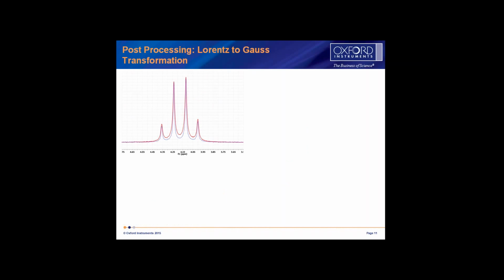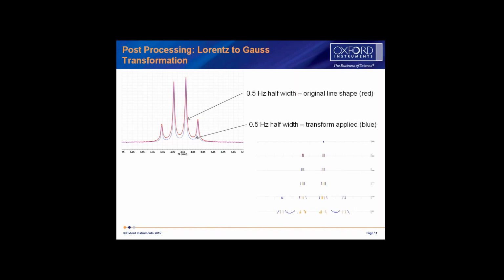Applying a Fourier transform to that, we can see what's happened is the line here, originally half a hertz wide, in red, has now been narrowed at its base, still half a hertz wide at the half width. The reason for this is the transformation has converted the Lorentzian line shape to a Gaussian line shape. A Lorentzian line has wide wings at its base, the Gaussian is much narrower. So this is one way to try and enhance the line shape and minimize overlap.